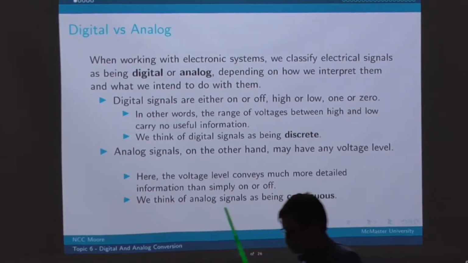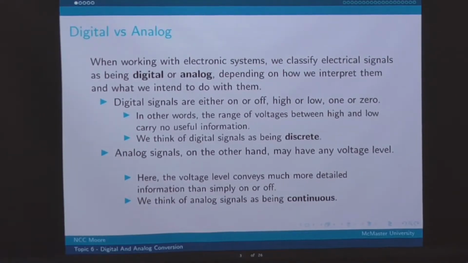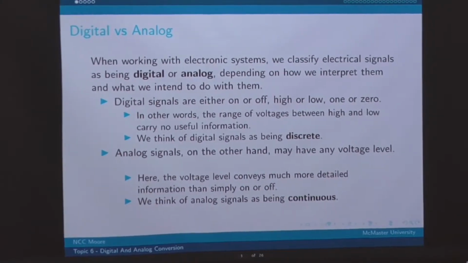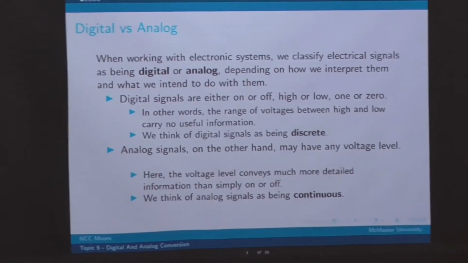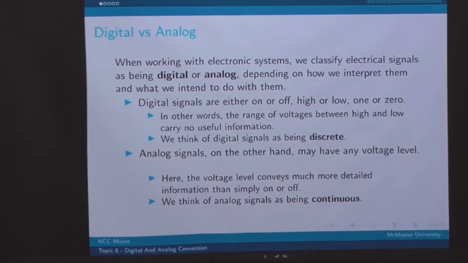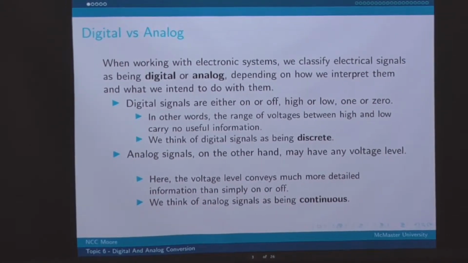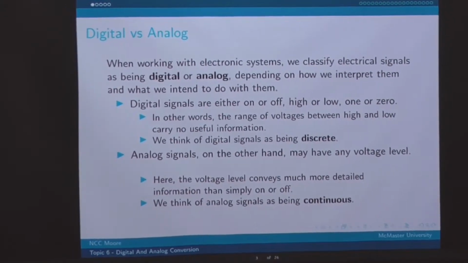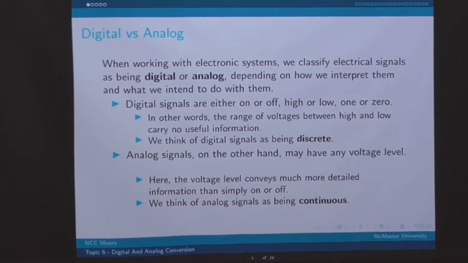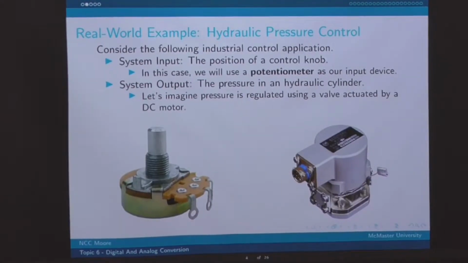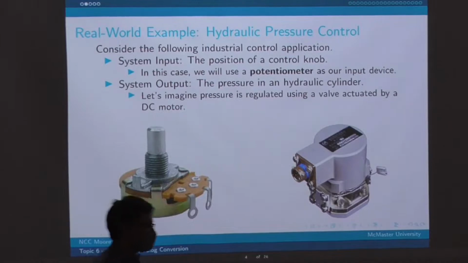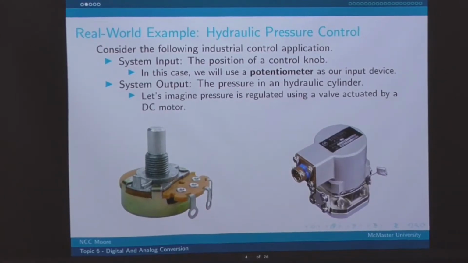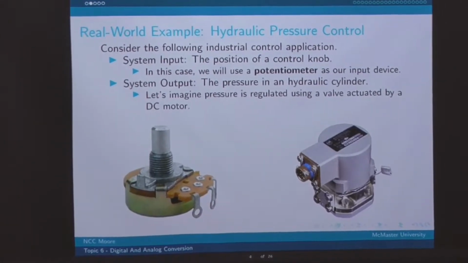We think of digital signals as being discrete, and we think of analog signals as being continuous. Discrete, and we're talking in the math terminology, right? Like discrete functions versus continuous functions. So far, so good.